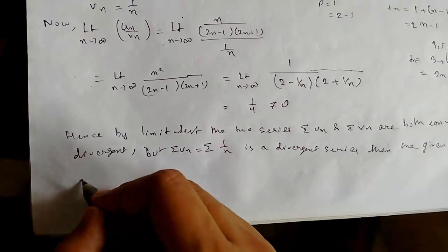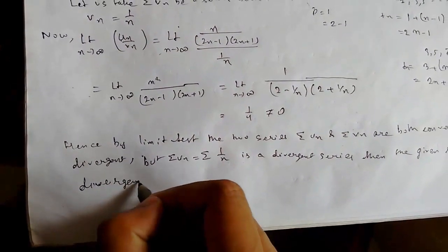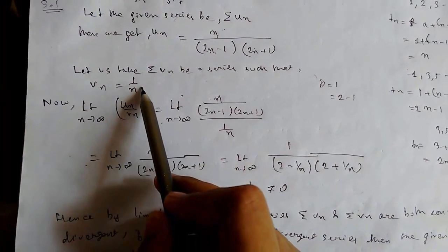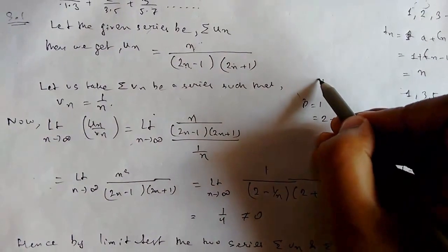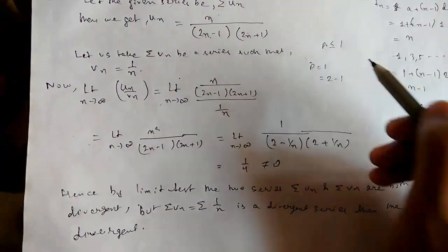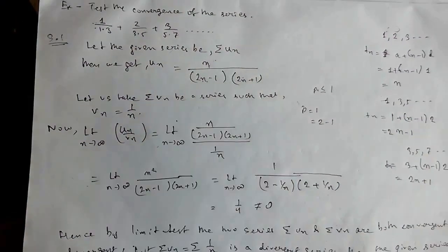We first calculated Vn, then Un, and from here we see that p is equal to 2 minus 1, and p for divergent is always less than or equal to 1. So we can conclude the nature of the given series.